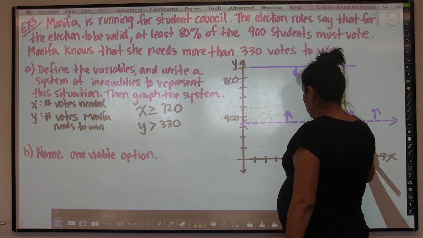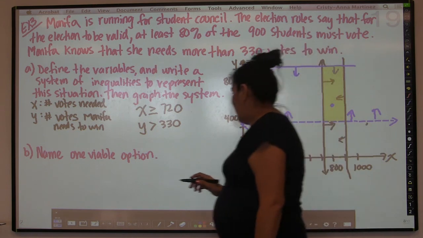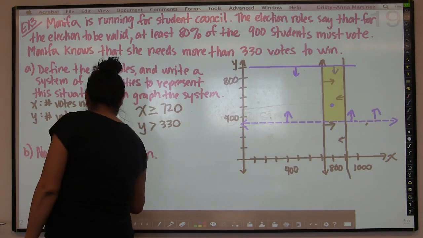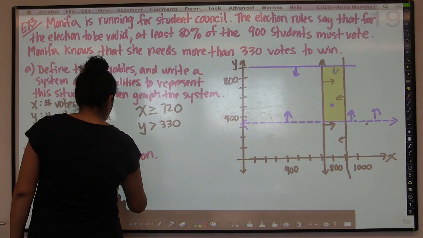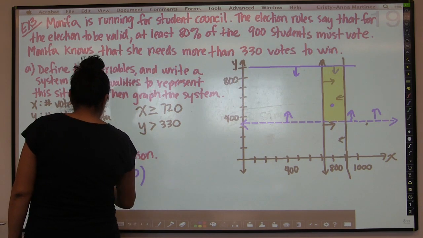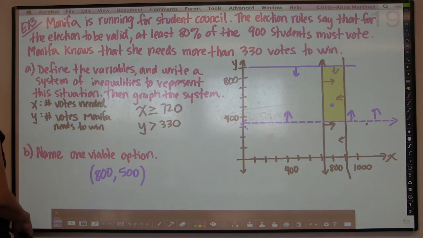So 800, and then what did I say, 500? That point right there is a viable option. 800 students voting, and 500 of those voting for Monifa would be one viable option. There are obviously many others, but that would be one. Okay, so that's how you do that.